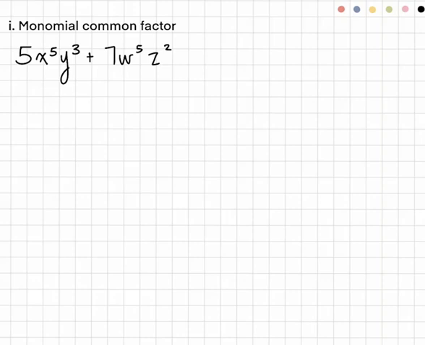No. And do I have any variables in either of these terms where I can also pull out a greatest common factor? No, because all my variables are different. So it's possible that you might see a question that is not factorable. And that's okay.